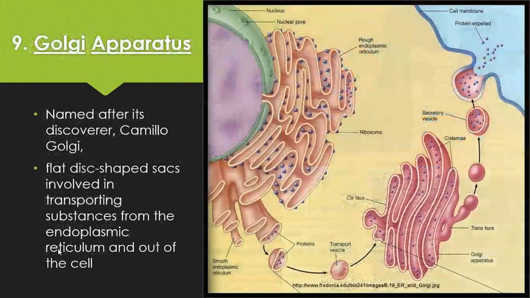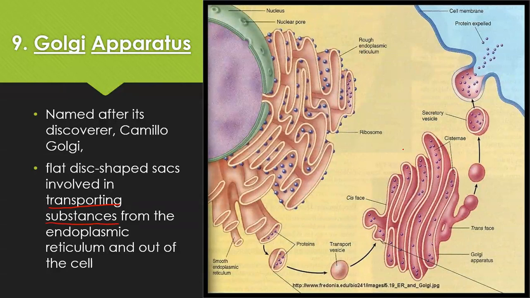Golgi apparatus, named after Camillo Golgi. These look like stacks of pancakes in the cell, and they are another membranous organelle, so they're surrounded by a membrane. And what they do is they are involved in transporting substances, but not like the road network, not like the endoplasmic reticulum.